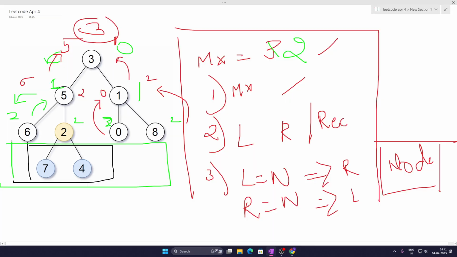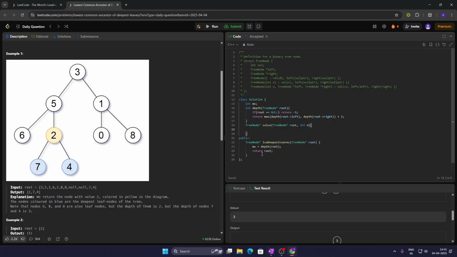So what is the base case here? If the current exploring node is null, then we will return null. If root equal to null, then return null.